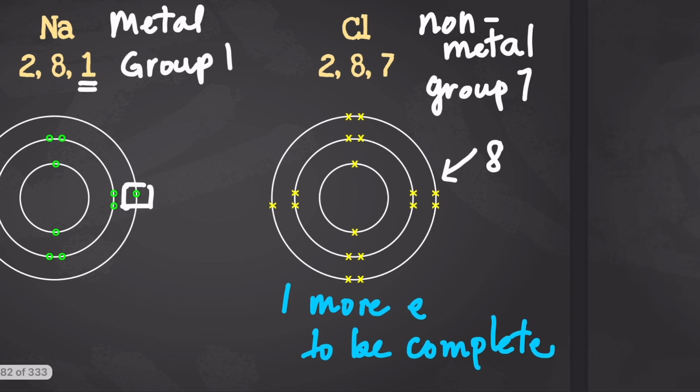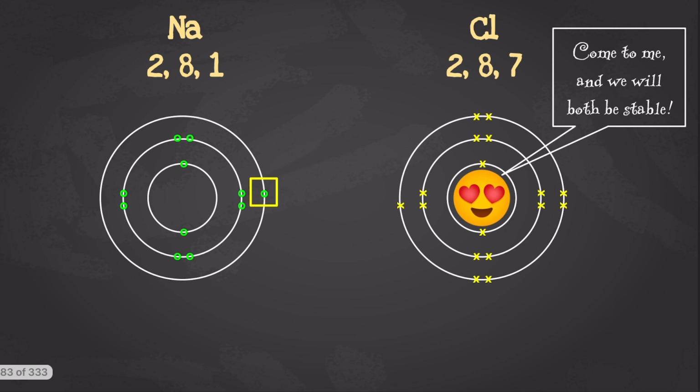So what happens? It wants to get that extra electron. So it says, come to me, extra electron, and we will both be stable. Because you will get rid of that annoying extra electron, and I will use it so that I can have a full outer shell. So that is exactly what happens.